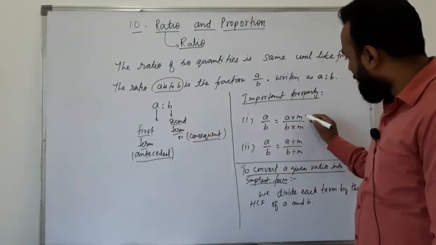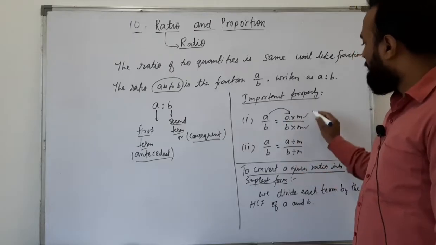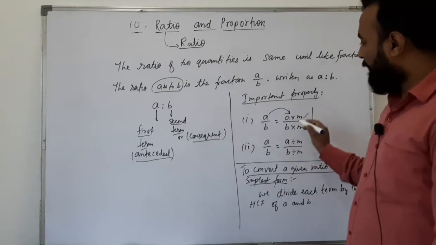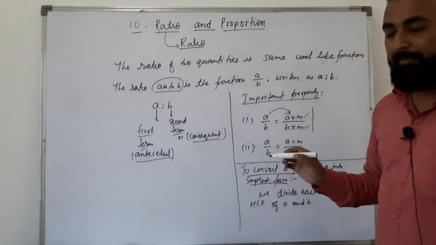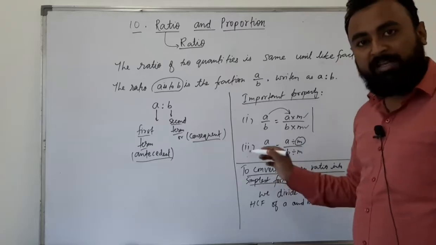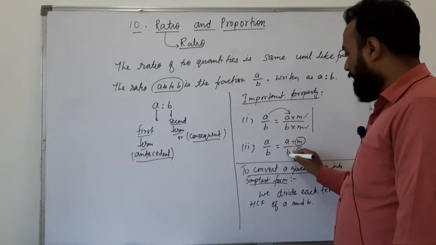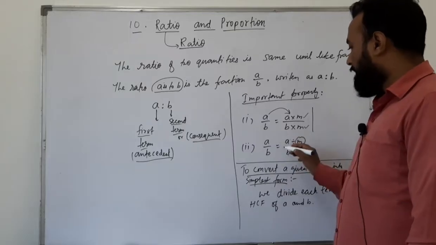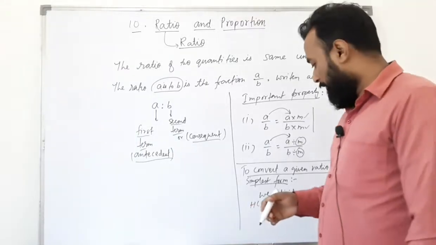You have to multiply by the same number to make an equivalent fraction. So in a ratio also, you multiply the antecedent and the consequent by the same number. You can also divide by the same number. This is how to make an equivalent of a ratio.